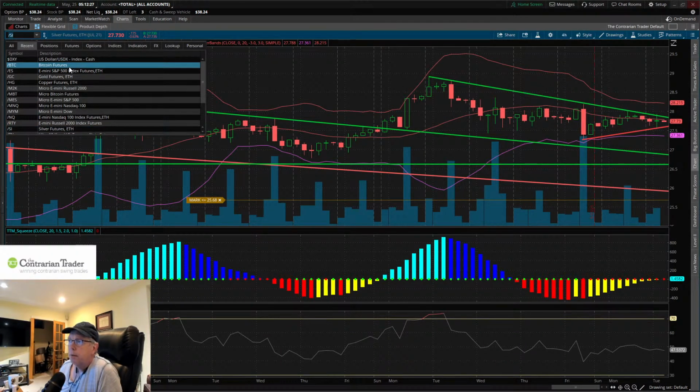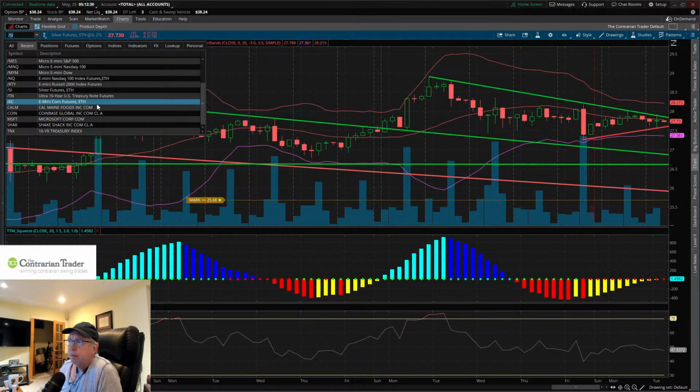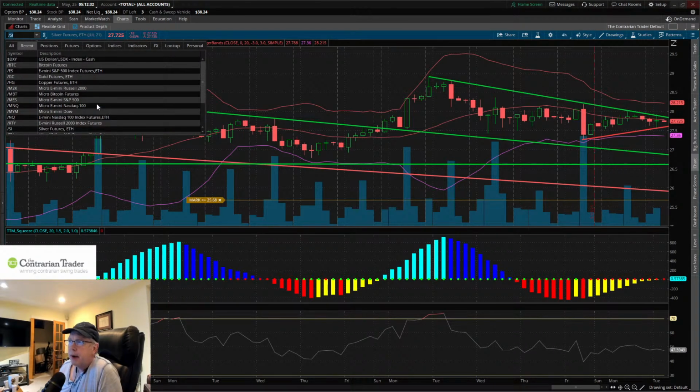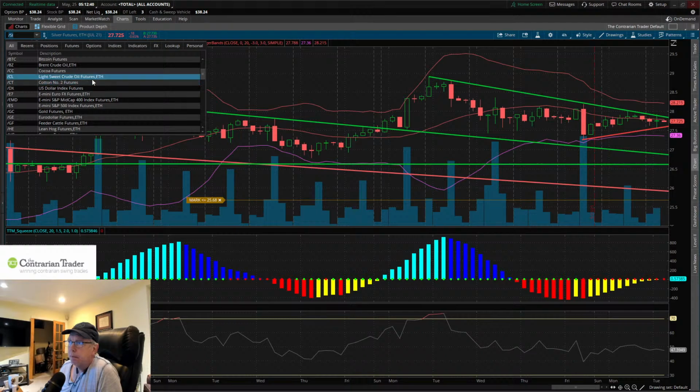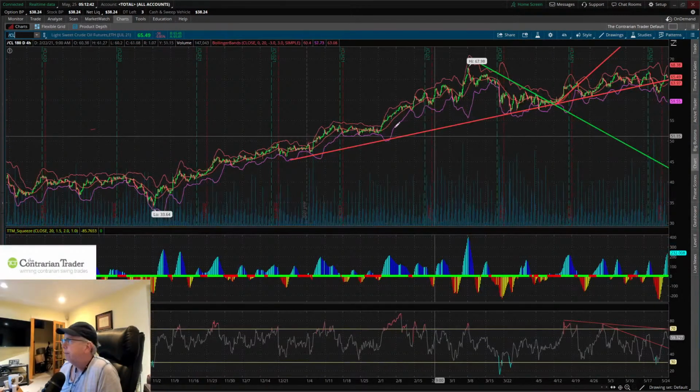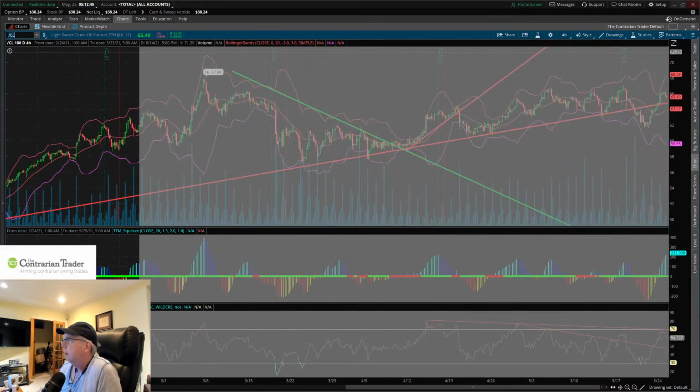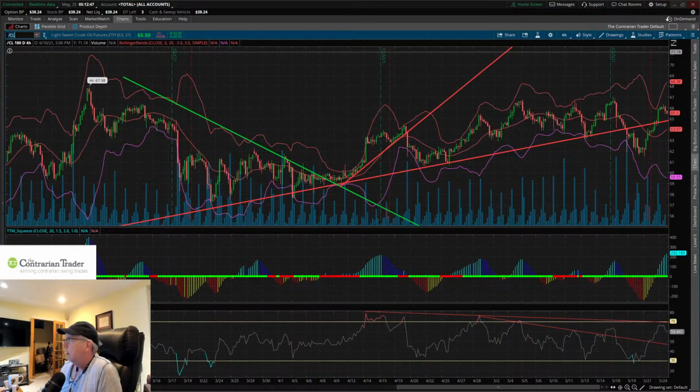Let's bring up oil. They had to spike oil yesterday, and they did it. That kept the S&P 500 up. Light sweet is down today. There's over a 90% correlation with the energy stocks and oil.